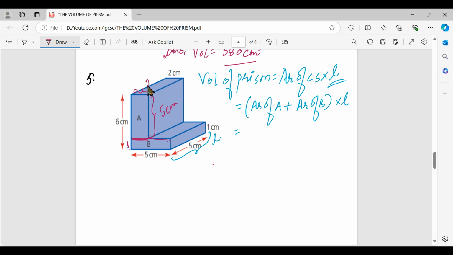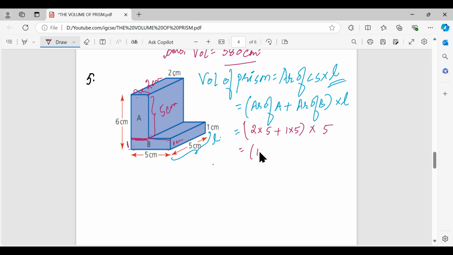This length is 2 centimeters. For shape B, here you have 1 centimeter and here you have 5 centimeters. So rectangle A is 2 times 5 plus rectangle B is 1 times 5, and times the length, that is 5.